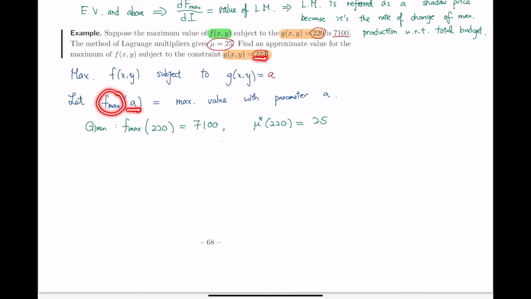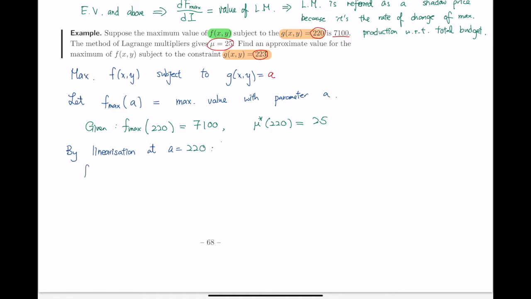The only way to do estimation in this course is by linearization. So by linearization at a equals the initial parameter, the initial parameter is 220.